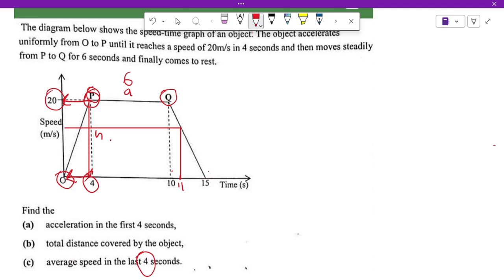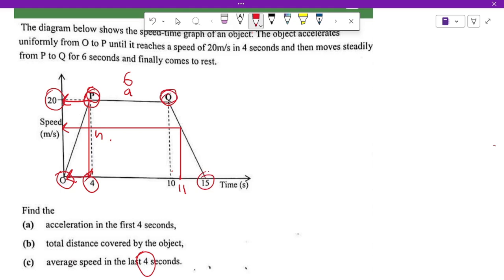So we need to know the speed at this point. What is the speed here? We don't know, it's not indicated. We know the time here is 11. Now how about the speed? So how do we find the speed? We're going to calculate the deceleration for the last 5 seconds, the distance from Q to this point.